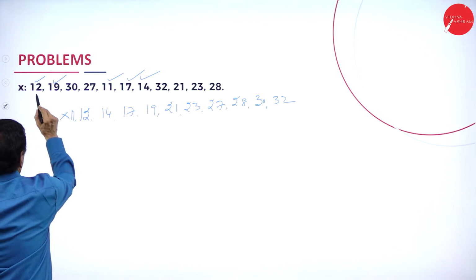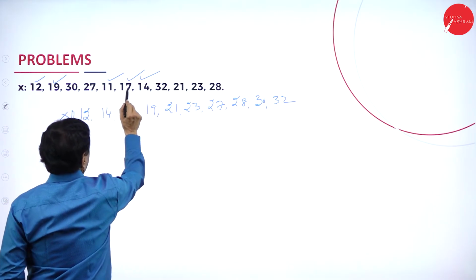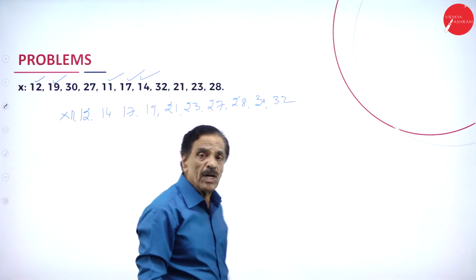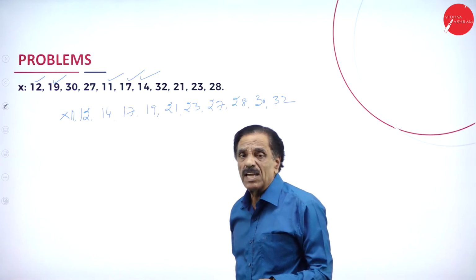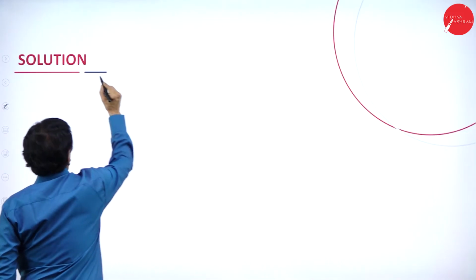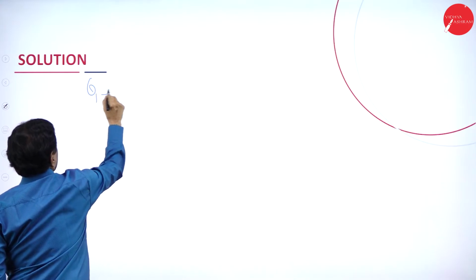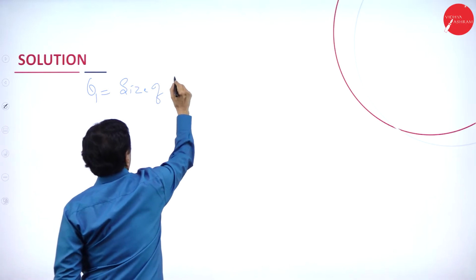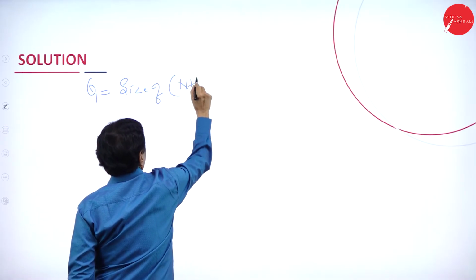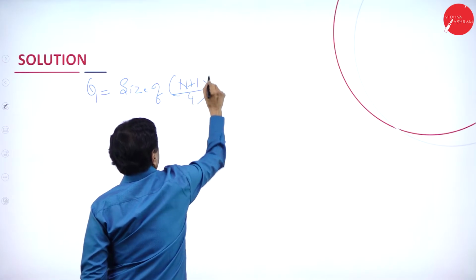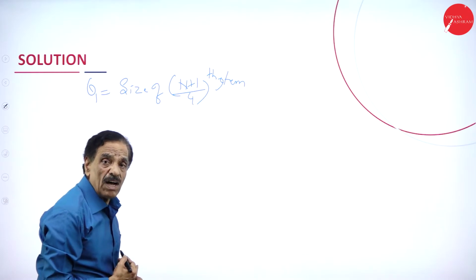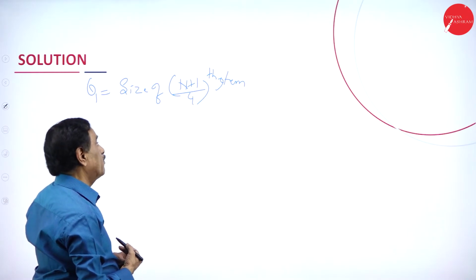So how many numbers are there? 1, 2, 3, 4, 5, 6, 7, 8, 9, 10, 11 numbers are there. So what is Q1? Q1 is the size of (n plus 1) divided by 4th item.